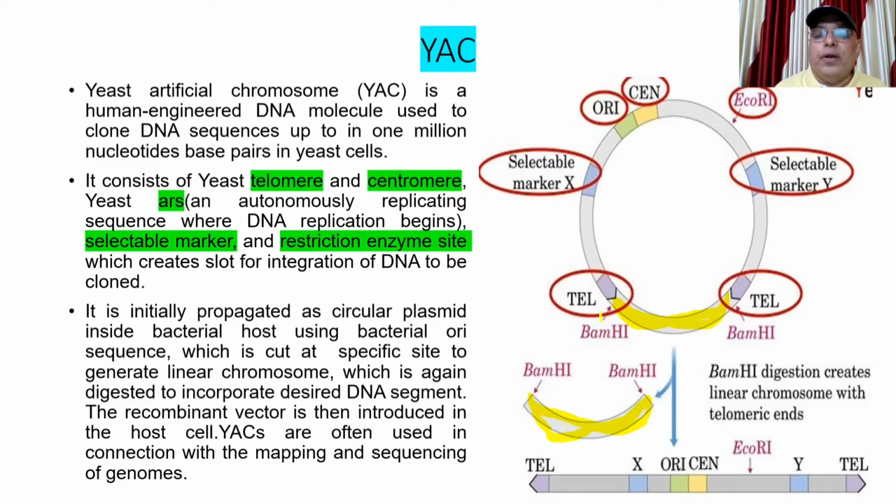Then what is left? This telomeric site, this telomeric site, and this telomeric site. So this has been excised, it has been cut off by BamHI, and then we have the chromosome having two telomeres here.